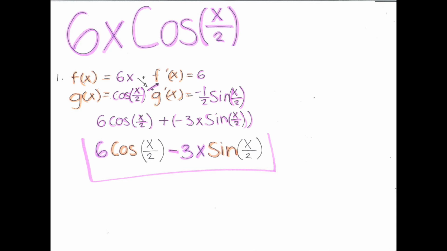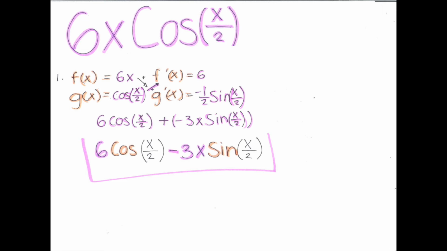Now we need to put it and do product rule. So the product rule formula is y prime equals g of x times f prime of x plus, because it's a multiplication, f of x times g prime of x.